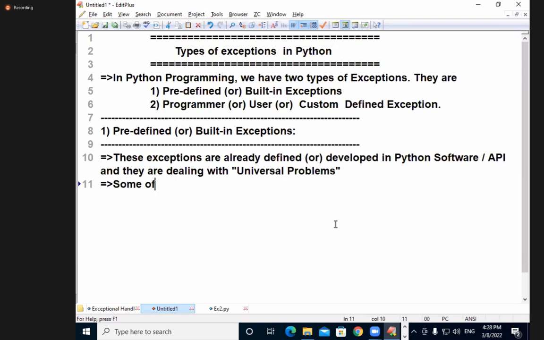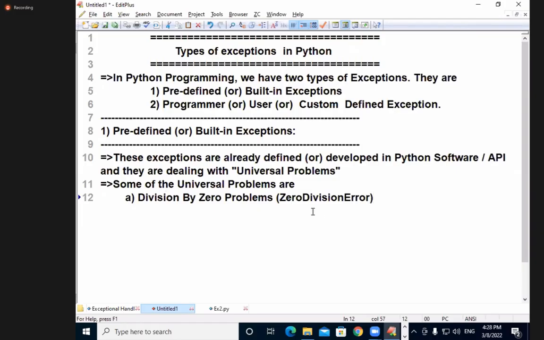Some of the universal problems are, what is the first problem? Attempting division by zero. Which type of exception? Zero division error. Always keep in mind, ZeroDivisionError, it is a class name.